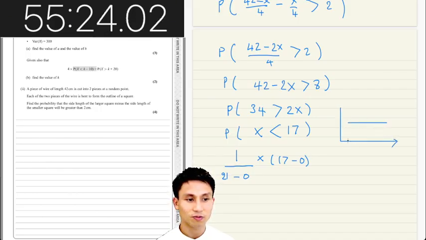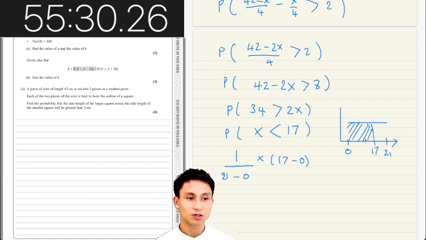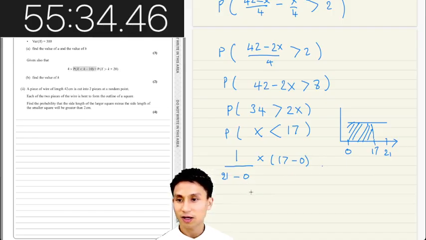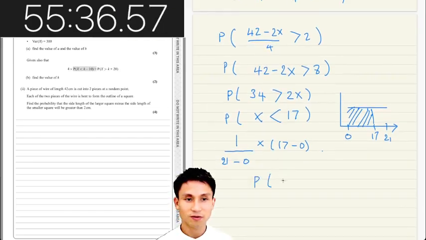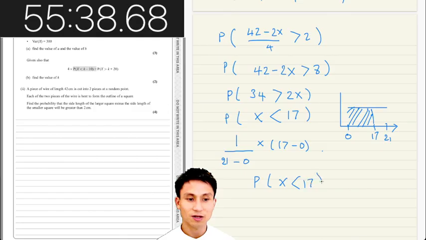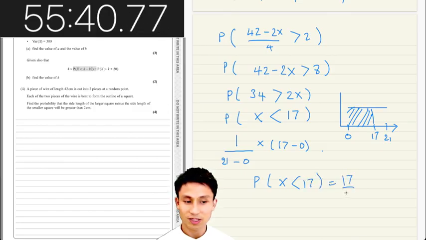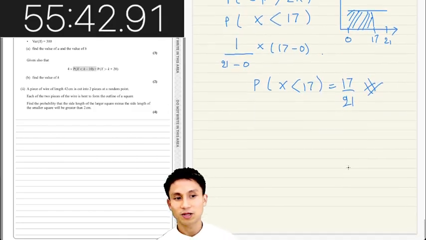This is a strip from 0 to 21, but we take 17 and less than it. So it's like 17 to 0 divided by 21 to 0. So P of x less than 17 would be 17 over 21. That would be the answer there.